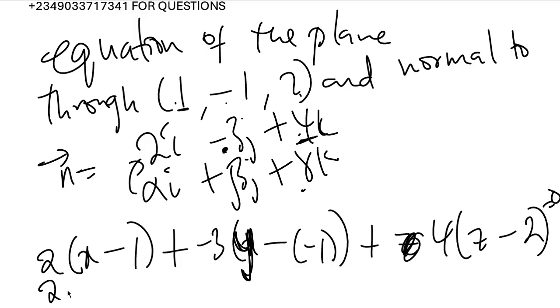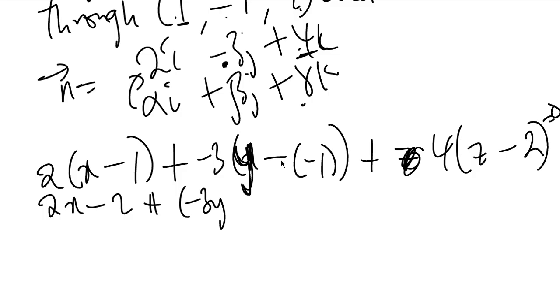That will be 2x minus 2, and then plus negative 3y, and then negative is positive, so negative 3 times positive 1 is still going to be negative 3, and then plus 4 times z, that's 4z minus 8 equal to 0.